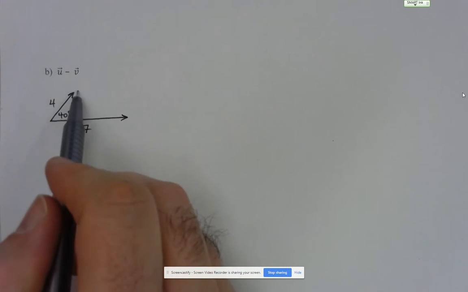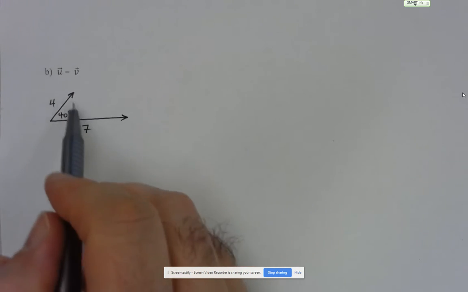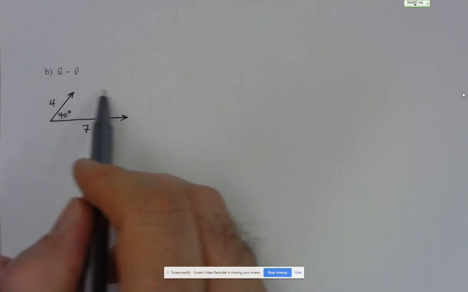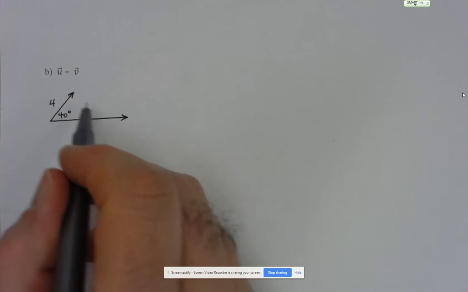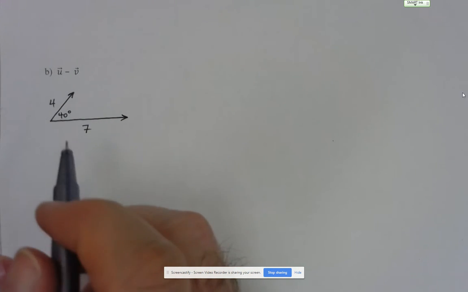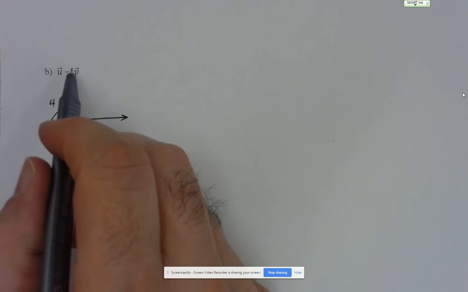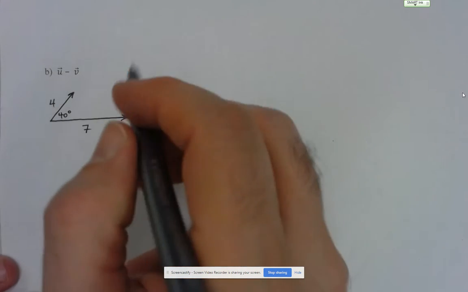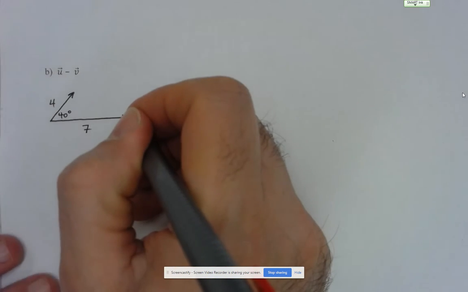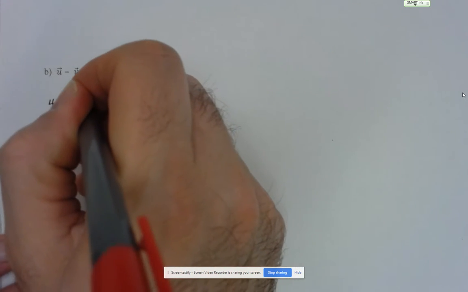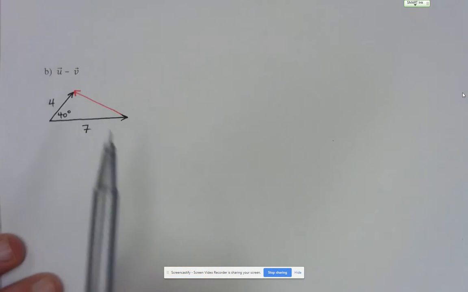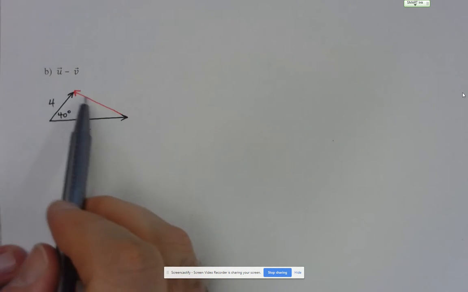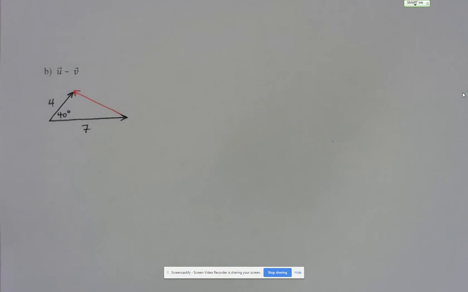It's the other diagonal of the parallelogram formed by the two vectors, in other words, the one that joins the two tips. The rule is that you go from the tip of the second, since this is V, to the tip of the first. Here we see that it does make a difference whether I'm doing U minus V or V minus U, because I would be going in the other direction if I was doing V minus U.